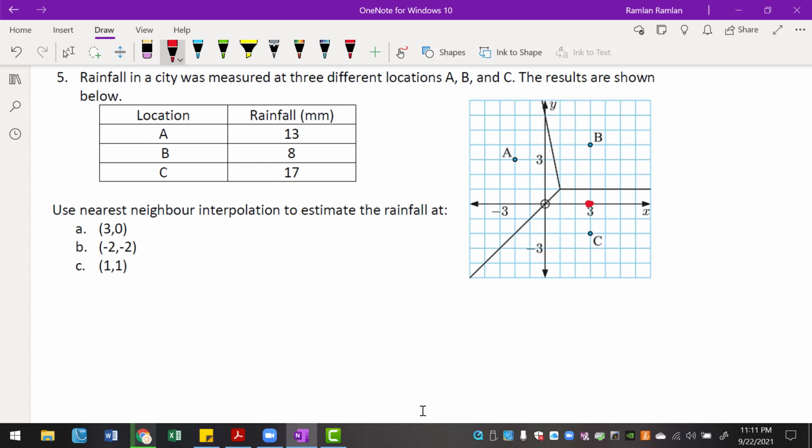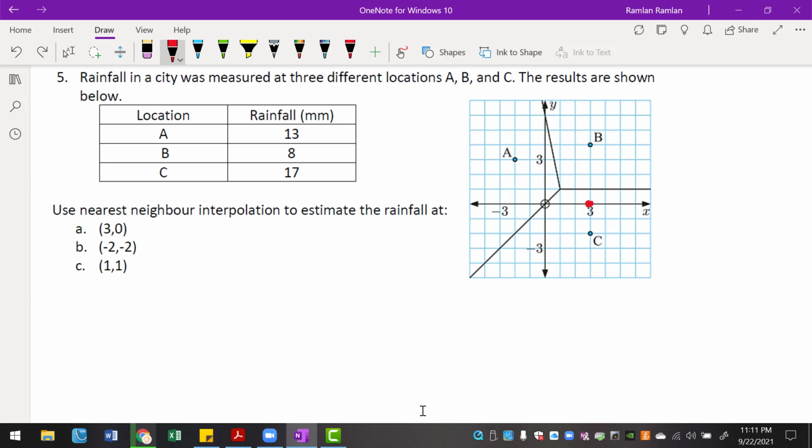Okay, so let's see, which of these A, B, and C is closest to this point that I have? It is point C, right? Because it is in this region, and this region belongs to C, so it is going to be closest to C.